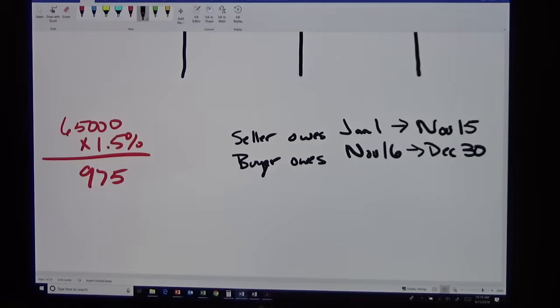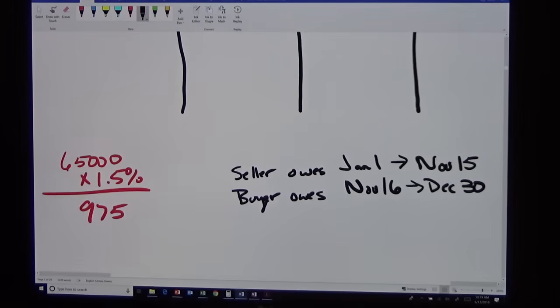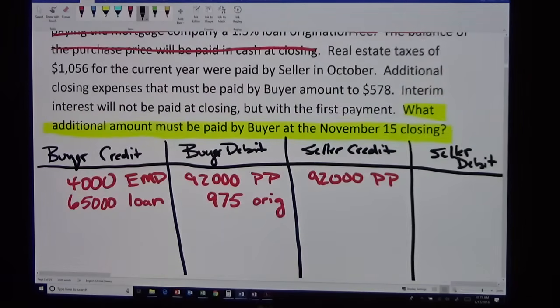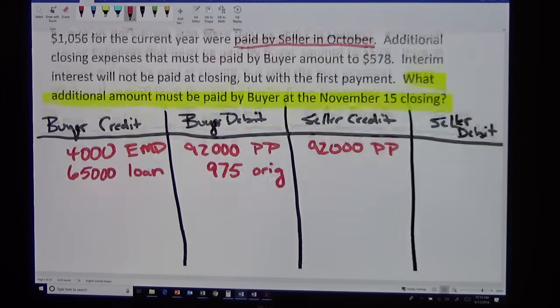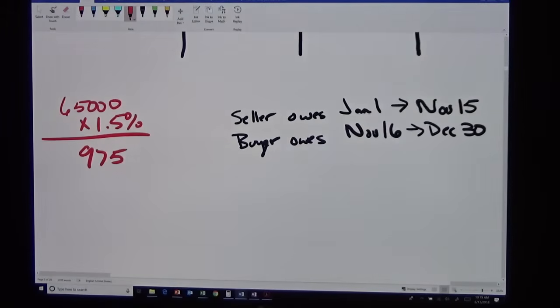The question becomes, which one of these do we want? Which one matters? Well, we go back up here and it says real estate taxes of $1,056 for the current year were paid by the seller in October. We want to do the opposite on our closing statement of what happens outside of closing. So outside of closing, the seller paid.